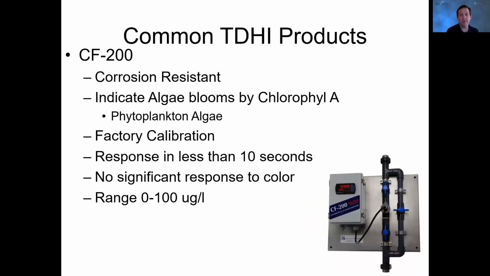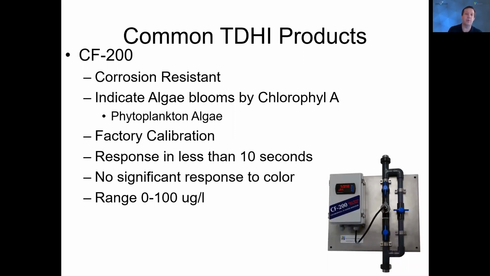For algae, we have a slightly different product. I mentioned it uses the same technology, but a slightly different format. And so this one is still all corrosion resistant. It still has a visible light source instead of ultraviolet. And the range is 0 to 100 micrograms per liter of chlorophyll.